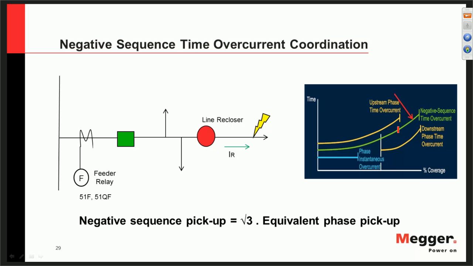So it's clearly visible now that my negative sequence curve is more sensitive towards line-to-line faults. As I said, it's only happening in case of line-to-line faults. So I can use this element just to have more sensitivity.